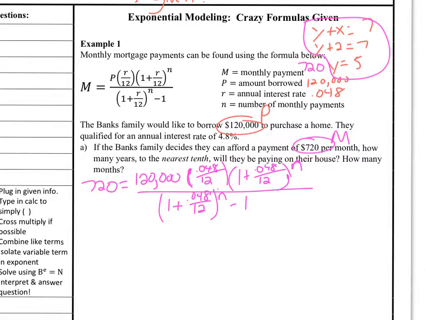So I have 720, it's going to equal, now when I multiply 120 into all of this right here, I get 480. And then the decimal that I get when I figure out what 1 plus 0.048 over 12, which happens to be the exact same decimal for here, thank goodness, is 1.004.